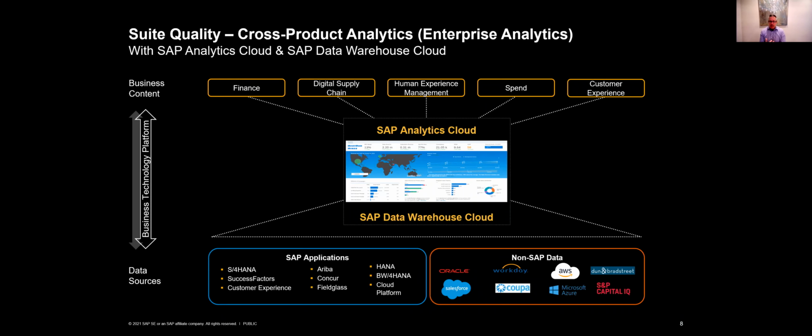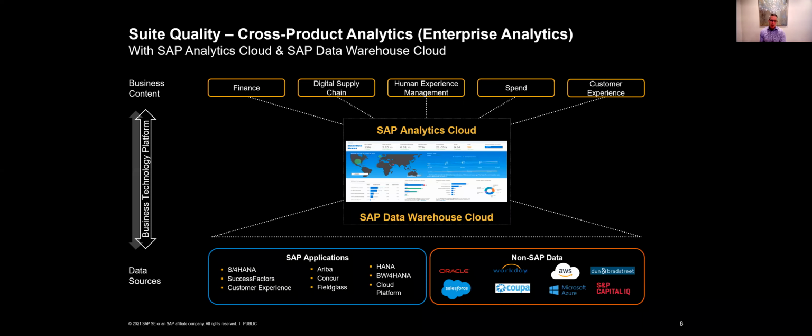And this always starts with a data challenge for a lot of you in your departments. So what we want to do is to take our native integration that Data Warehouse Cloud has with these applications, like Ariba, like S/4HANA, like SuccessFactors, and be able to tie that with non-SAP data.